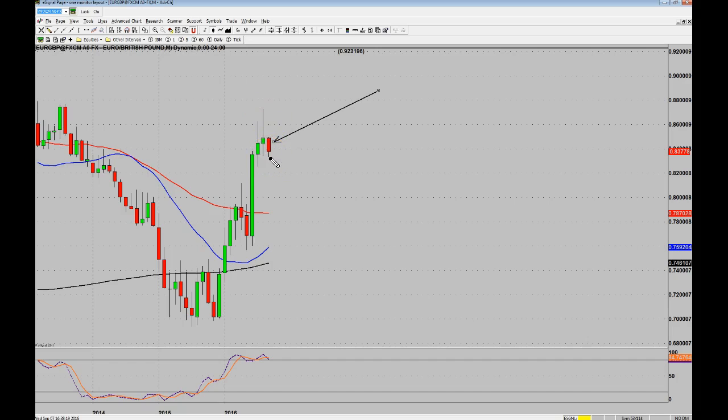Now because this is a monthly chart, that could take quite a while. The stochastics, I mean, I don't know where this is going to close in 20 days, 22 days or whatever. But if it closes here or lower, or if it closes here, okay, that is a screaming monthly sell.